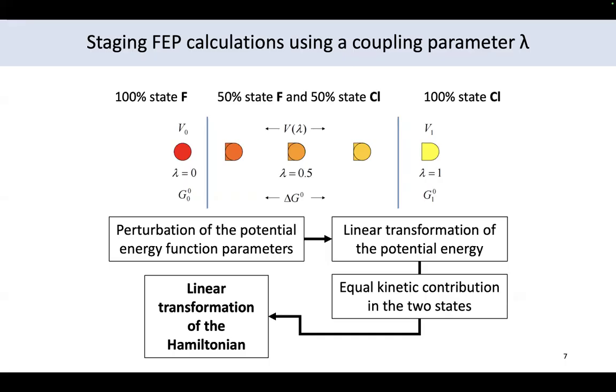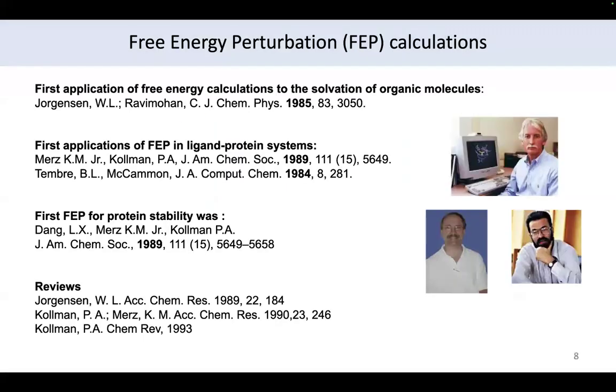This can only be done in the computer. However, because this is done in very small steps and it is a computational empirical method, it is possible to do it. And we have seen that if you have the right conditions, which we will explain in the next slides, you are able to generate very accurate free energy differences and free energies of binding.